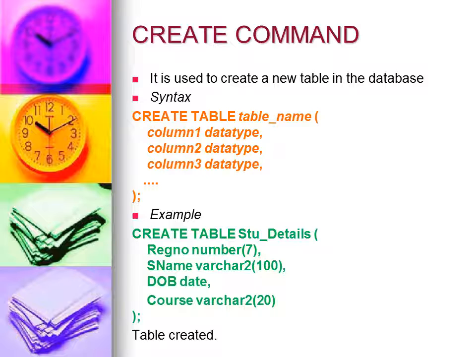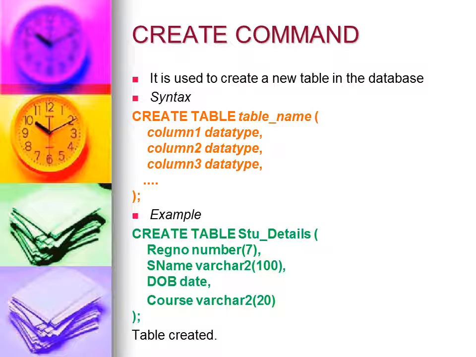Open bracket, register number, space, number of 7, student name, space, varchar2 of 100, comma, DOB, that is date of birth, space, date, comma, course, space, varchar2 of 20, close bracket.